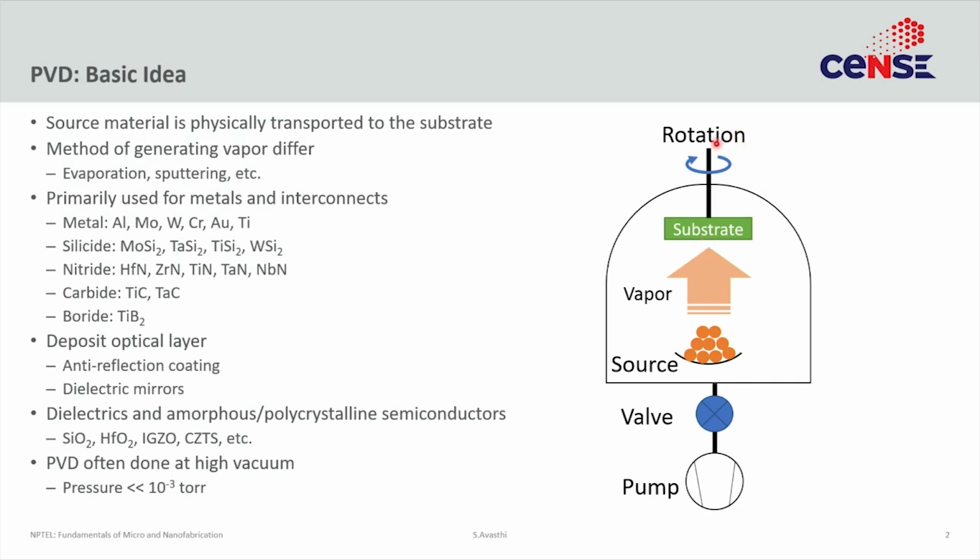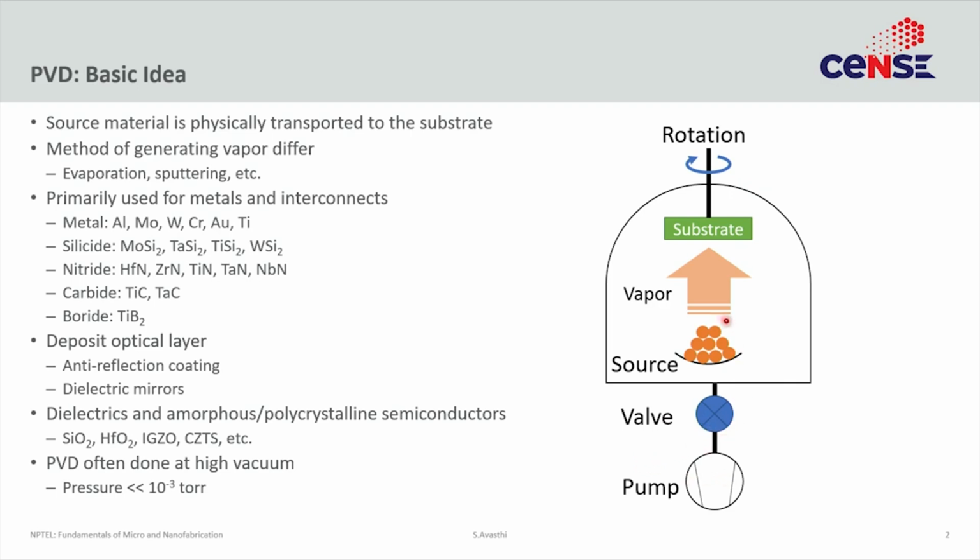For uniformity, often the substrates are rotated in order to keep this wafer clean and not contaminated. For example, if you are trying to deposit aluminum, you do not want it to react with oxygen to form aluminum oxide. So you do all of this inside a vacuum chamber, so you need some valves, some pumps, etc.